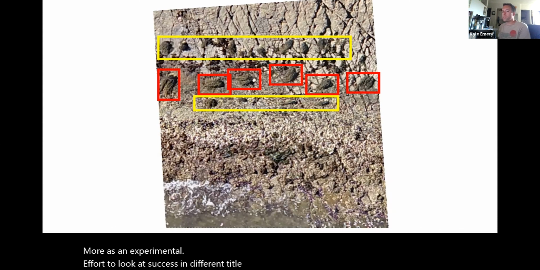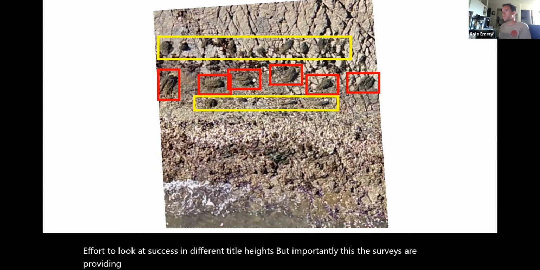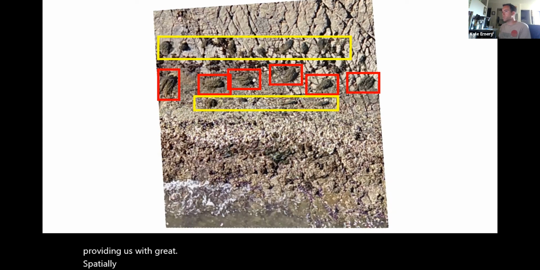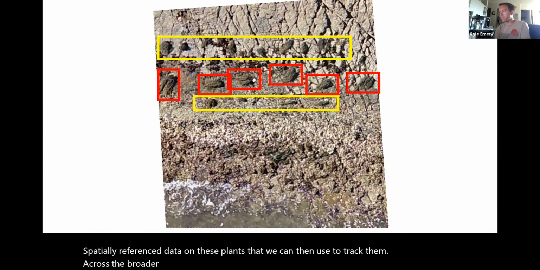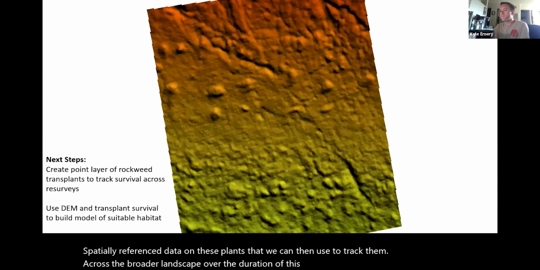But importantly, the surveys are providing us with great spatially referenced data on these plants that we can then use to track them across the broader landscape over the duration of this restoration project.